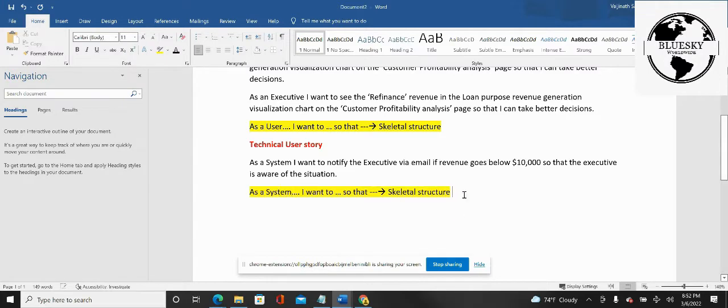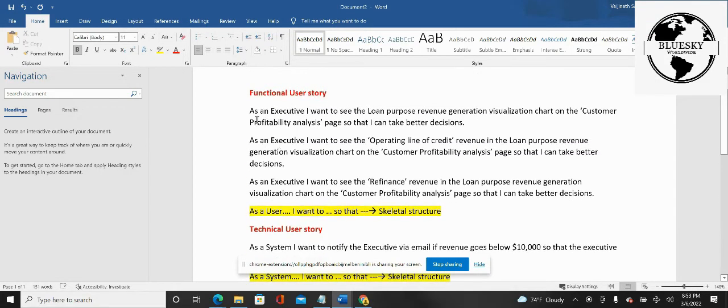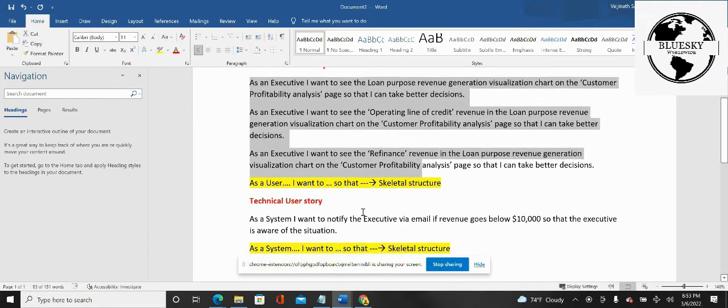So the next story that we are going to look at is the spike story. At least from what I know, there is no skeletal structure for a spike story.